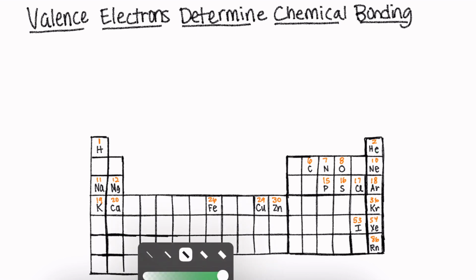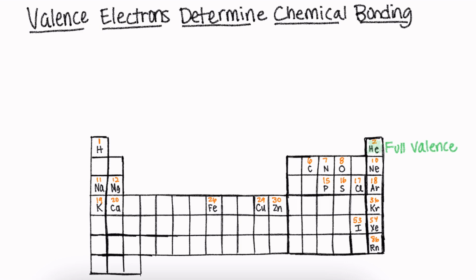First, let's look at the atoms that are non-reactive. Number 2, helium. It has a full electron shell with 2. So it has a full valence shell with 2 electrons. So it's completely stable like that. And then all of these ones are also completely stable like that because they all have 8 electrons in their outermost shell.